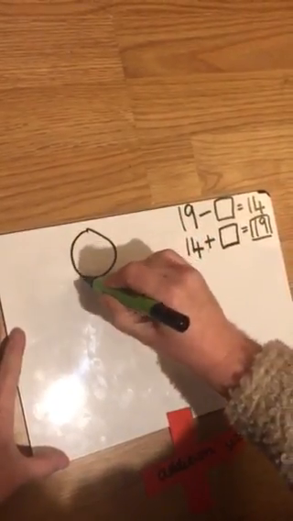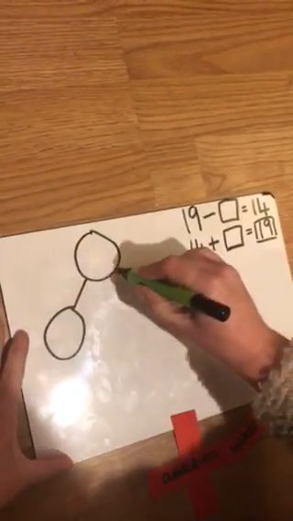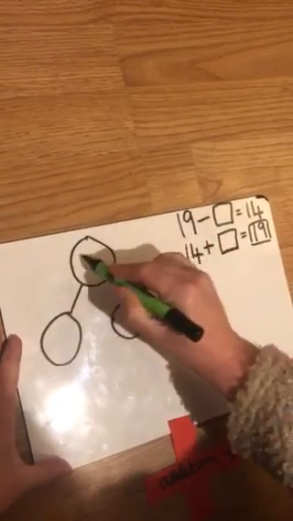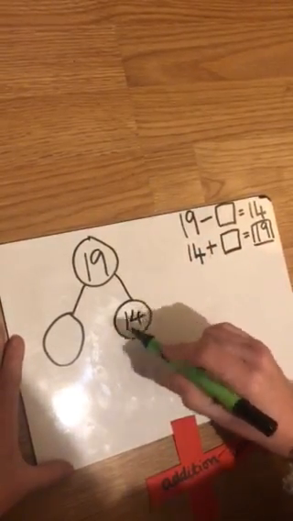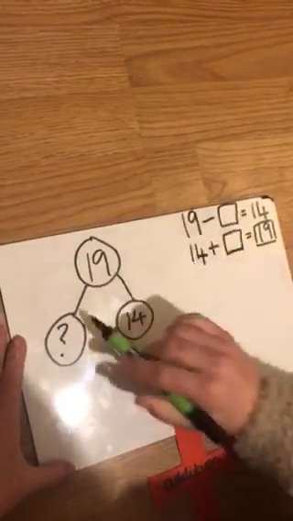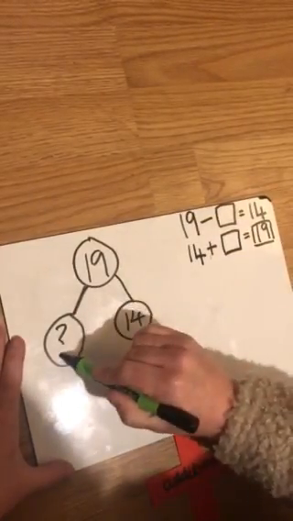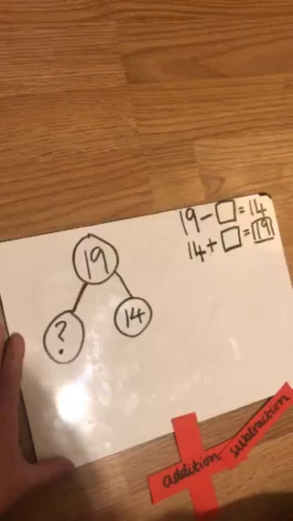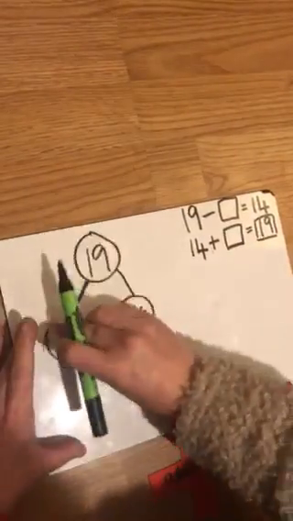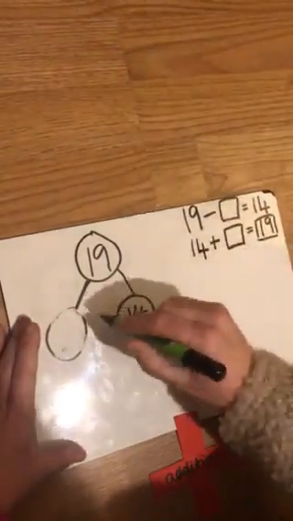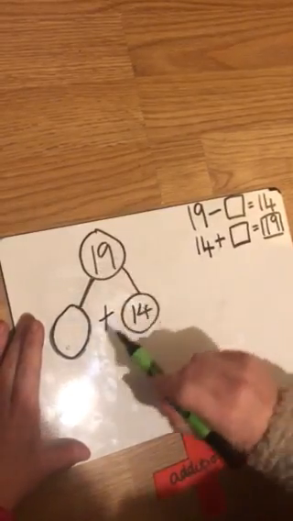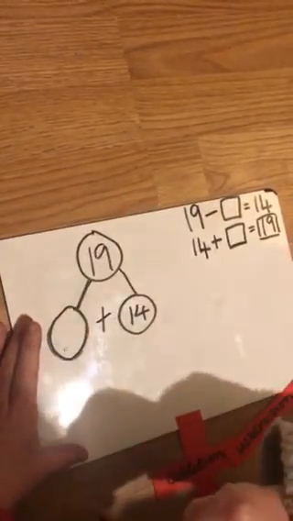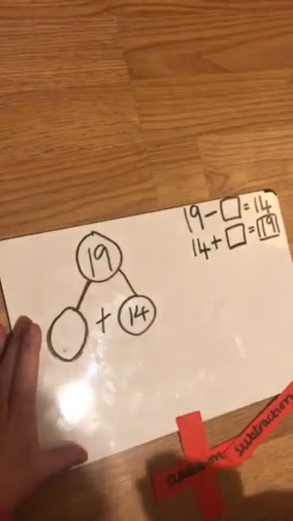So if you imagine our part whole again, we have 19 in here, and we have 14 in here, but we don't know what this is when we are using our subtraction. But if we were to change this to an addition, it would mean that 14 add something is going to give us our 19.